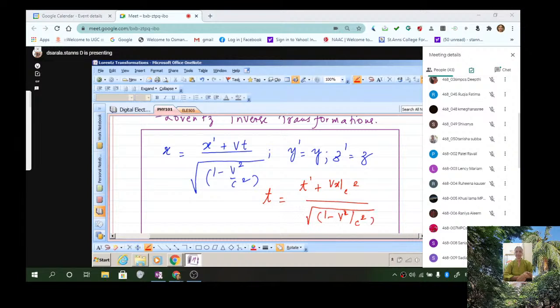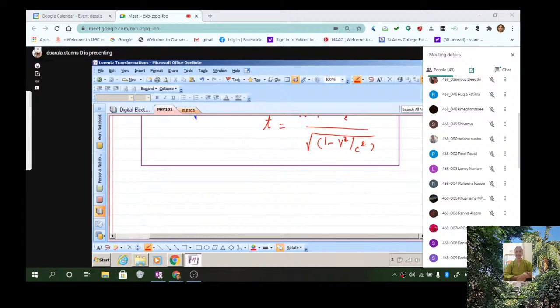So these are your inverse transformation equations.